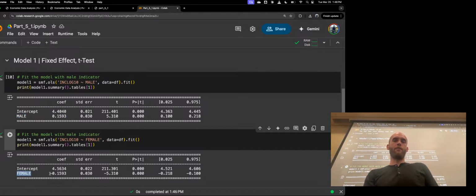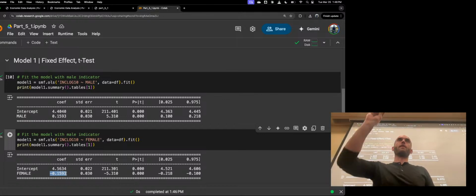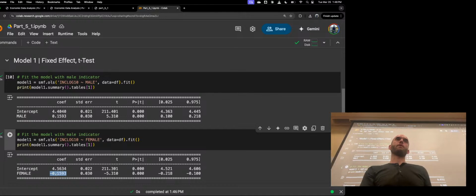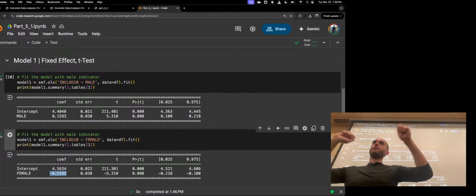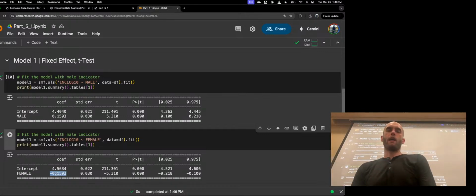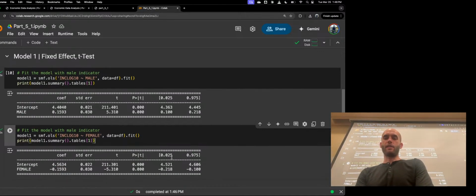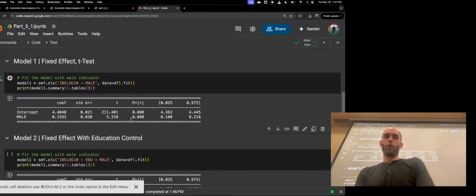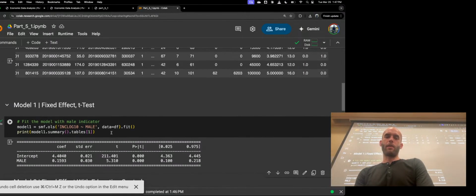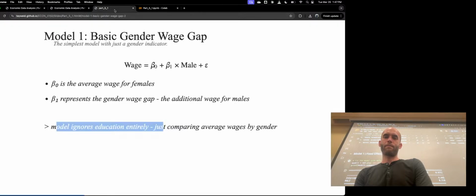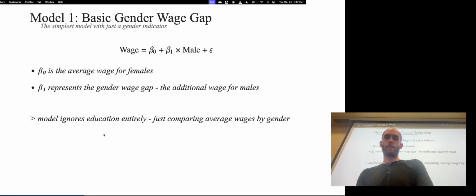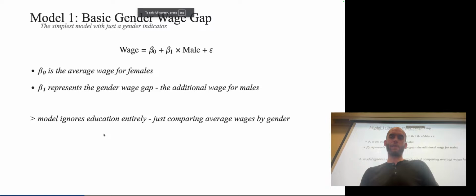And if instead we were to do this with a female indicator variable, it would be a negative 16%. So it's the same number, it's just the signs are different depending on which way we're coding it. If that's nice, that's nice. And if it's complicated for you, then just think about the one way of coding it. But the choice of how we code it doesn't matter.